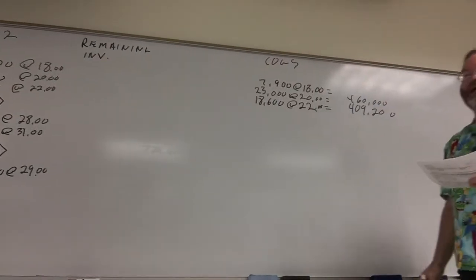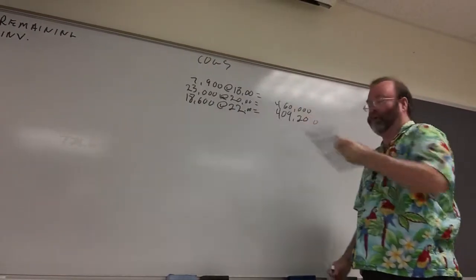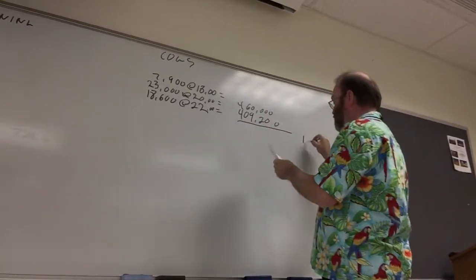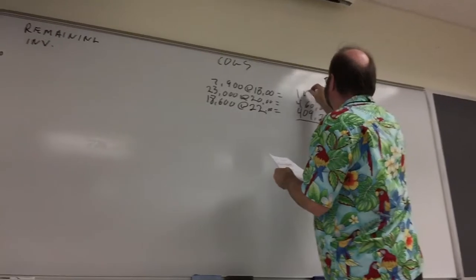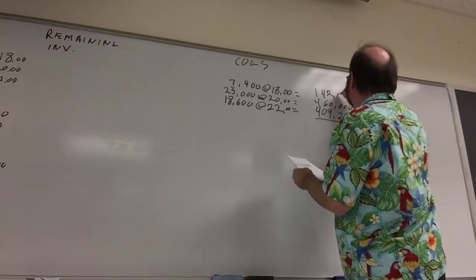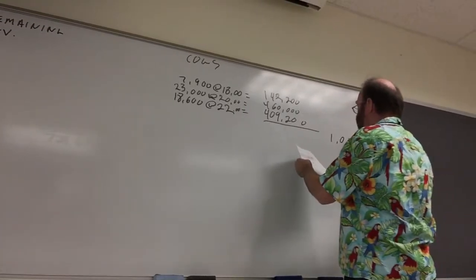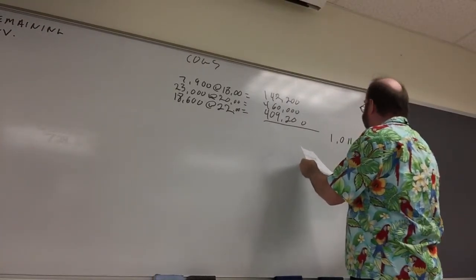And what's that multiply out to? 7,900 times 18. 142,200. So that's a total of 1,011,400.